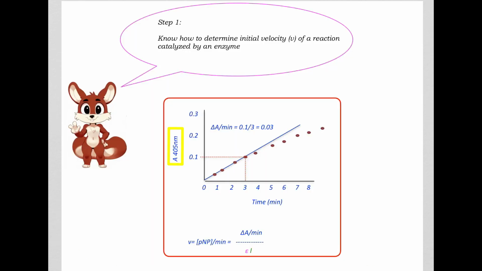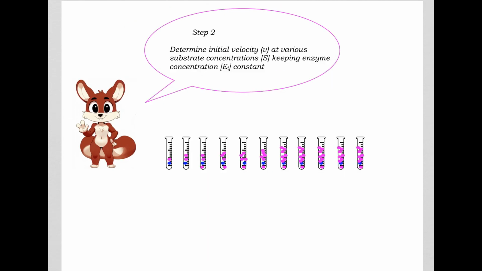In the previous video, we talked about the important steps in enzyme kinetics. The first is to be able to determine the initial velocity of a reaction that is catalyzed by an enzyme. In the next step, we keep the enzyme concentration the same, but we change the substrate concentration.